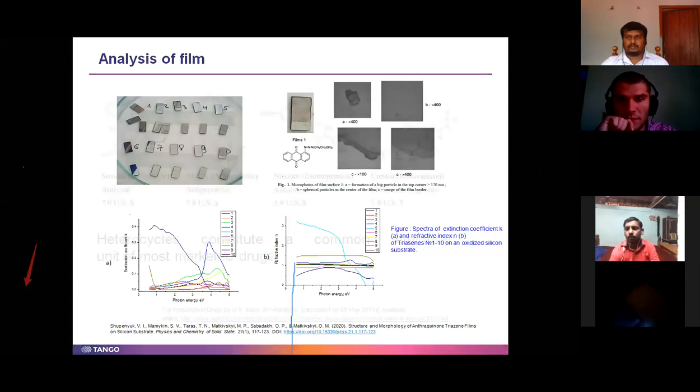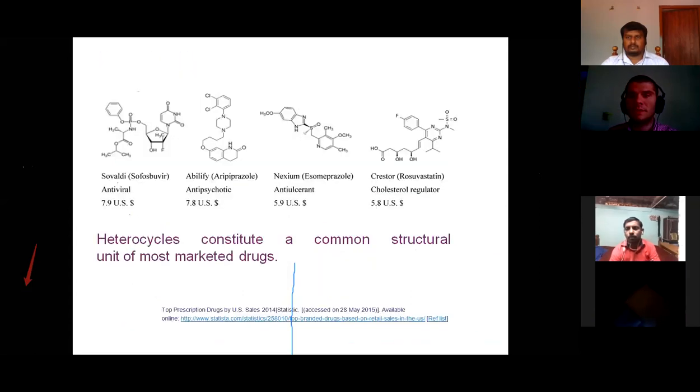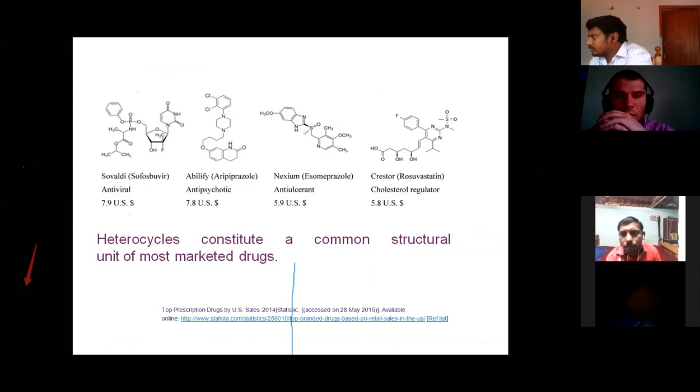And next slide. I can tell you generally about heterocycle compounds and the market of heterocycle compounds. You see in the slides what the popular heterocycle compounds are in the USA market, the price, who buys these heterocycle compounds, and their activity.